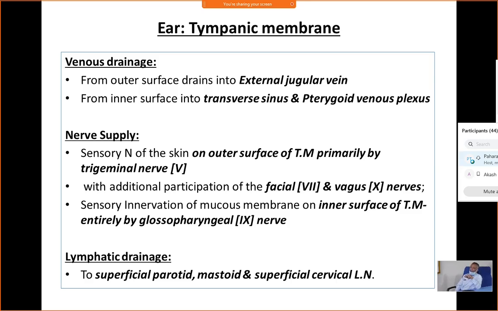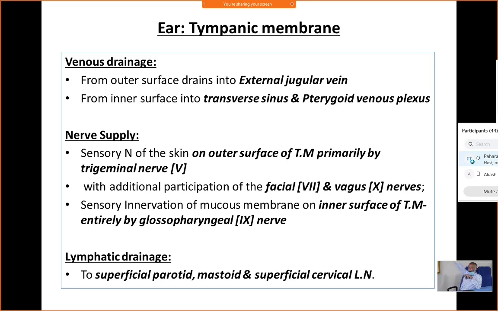Nerve supply. The sensory nerve supply of the skin, that is the outer surface of the tympanic membrane, is primarily by the trigeminal nerve. Additional sensory supply is received from the facial as well as the vagus nerve.